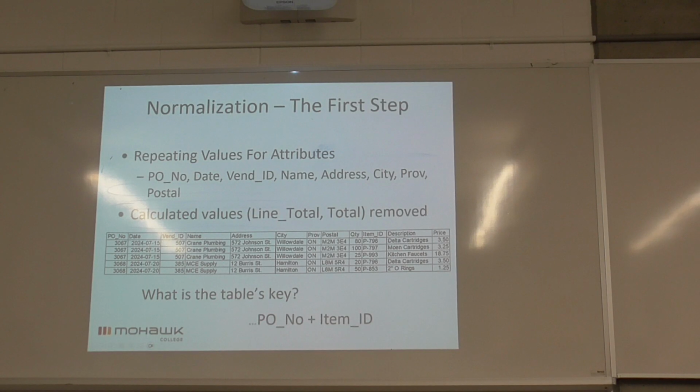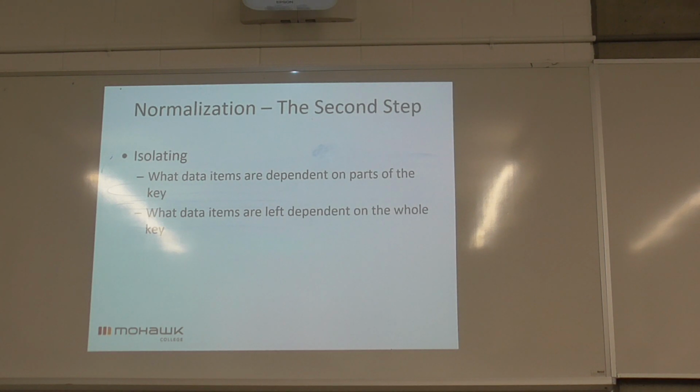Oh, right, because they've said that the table's key is the combination of product order and item ID, right? Because neither one of those is a primary key in this table because both have repetition, right? So the real primary key is a composite of those two, at least until we eliminate it.